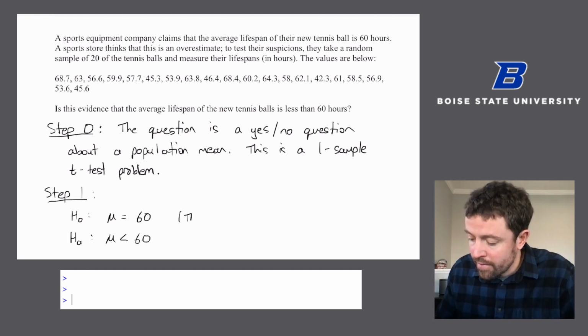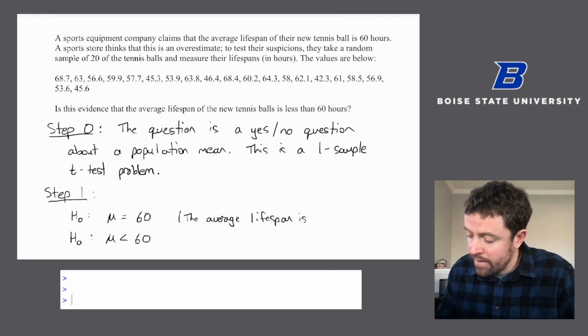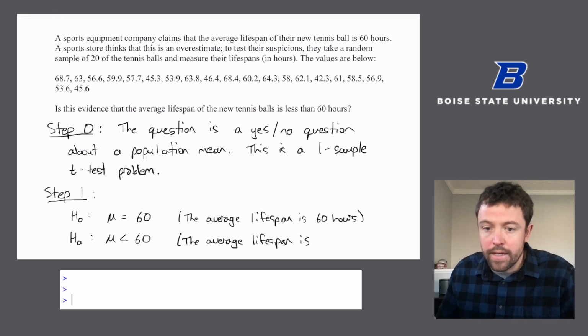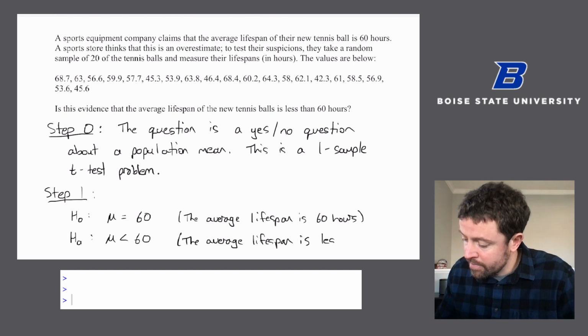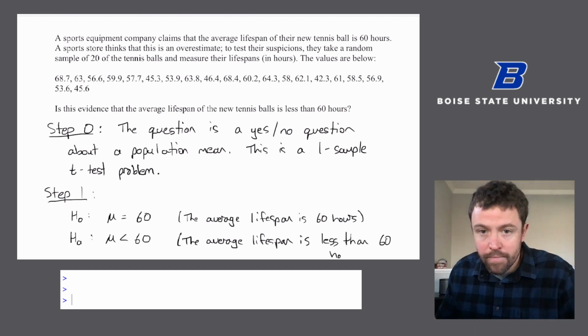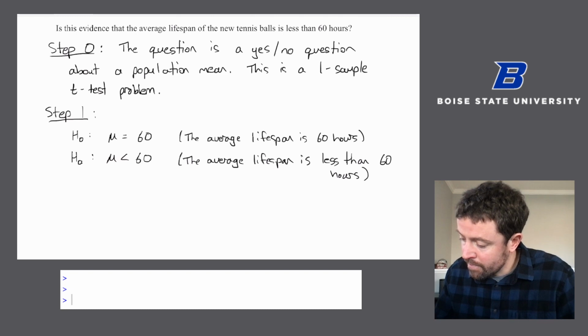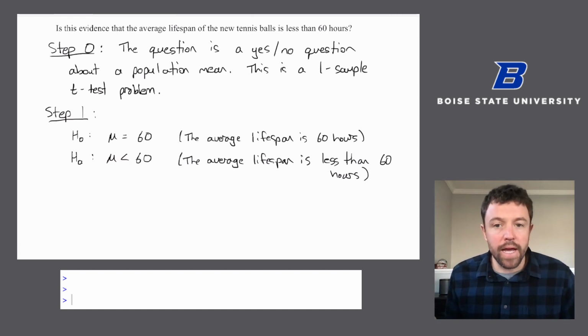So this is saying that the average lifespan is 60 hours. And this is saying that the average lifespan is less than 60 hours. So that's step 1, state my hypotheses.